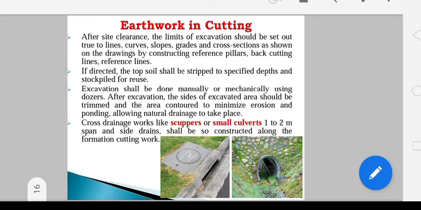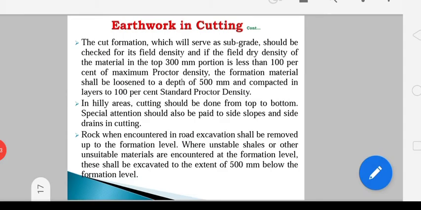Right, so after the site clearance, the limit of excavation should be set out true to lines, curves, slopes, grades, and cross section as shown on the drawings, by constructing a reference pillar, back cutting lines, and reference lines. In your extensive survey project you also saw some of the portions we need to cut.